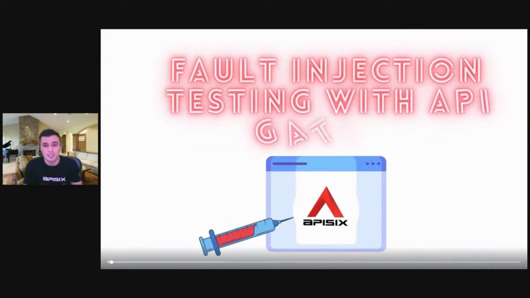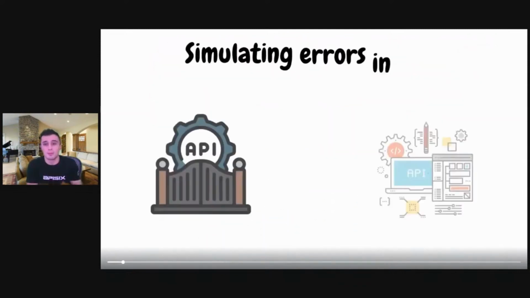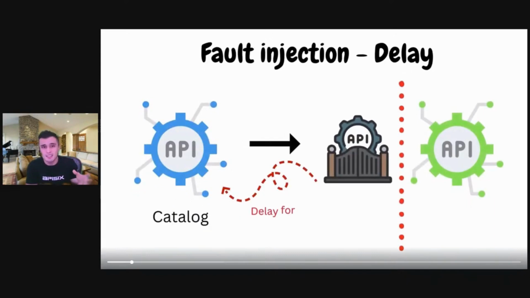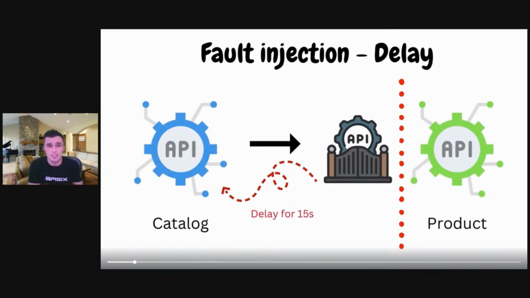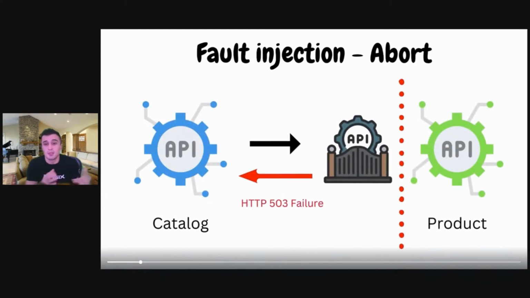The fault injection testing approach at the API gateway level, as I said, can be used to test the resilience of an application or maybe microservice APIs against various forms of attacks. Let's say the technique can be used to inject delays, sometimes abort requests with user-specified error codes, like HTTP error codes.